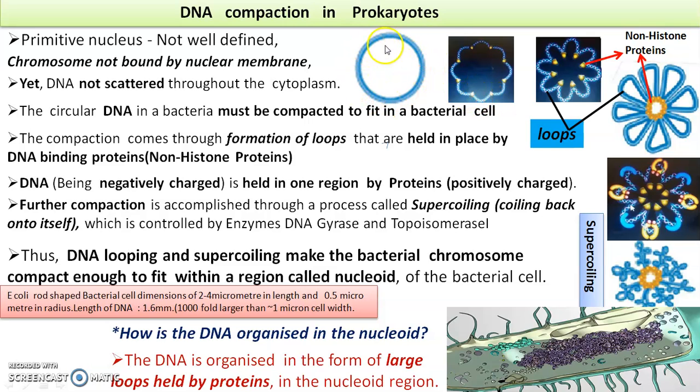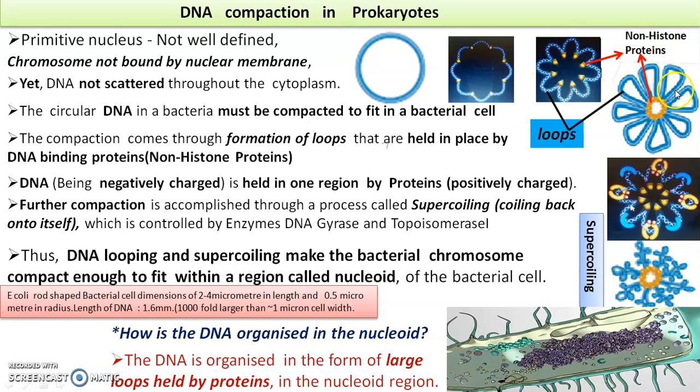And the circular DNA, see how it is coiling like looping. This will gradually come inward. You can see here. So these are the loops being formed of the DNA. So the non-histone proteins compact them by pulling them inward to form such loops. We call those areas or that kind of looping as loop domains.